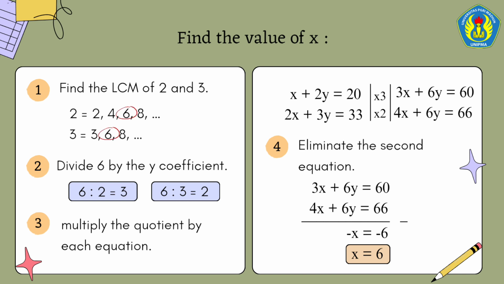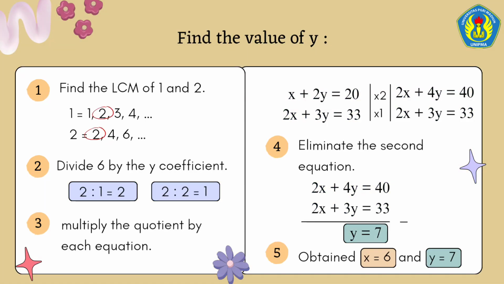So it produces 3x plus 6y equals 60, and 4x plus 6y equals 66. Then we do subtraction. So we get minus x equals minus 6. We divide by minus 1 and get x equals 6.